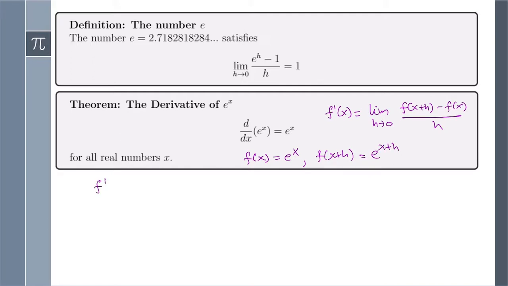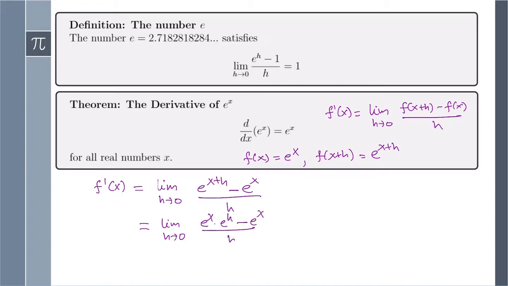So f prime of x equals the limit as h approaches 0 of f of x plus h, which is e to the x plus h, minus f of x, which is e to the x, divided by h. Now let's use the rule of indices here. e to the x plus h is e to the x times e to the h, minus e to the x, over h.